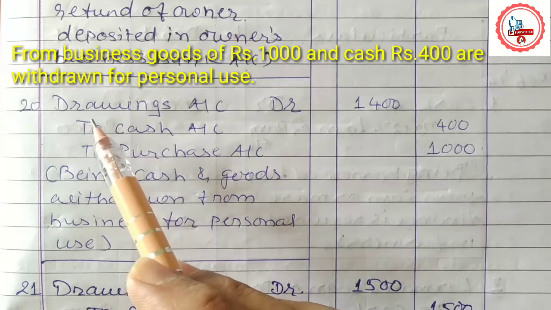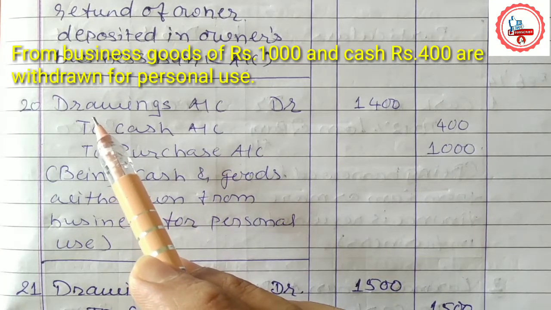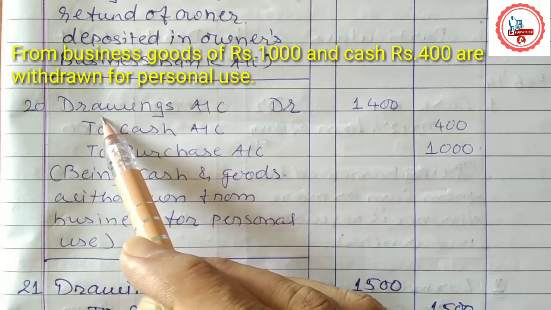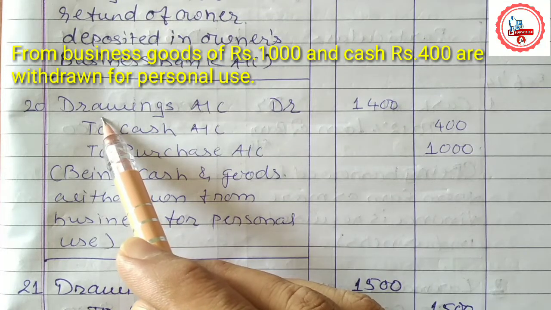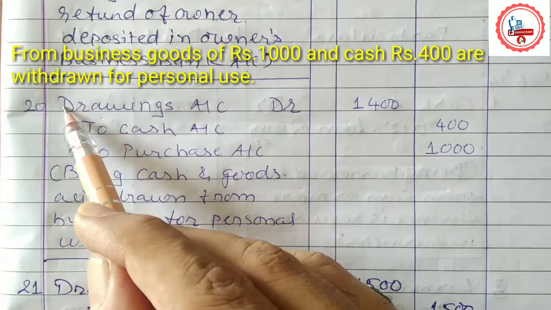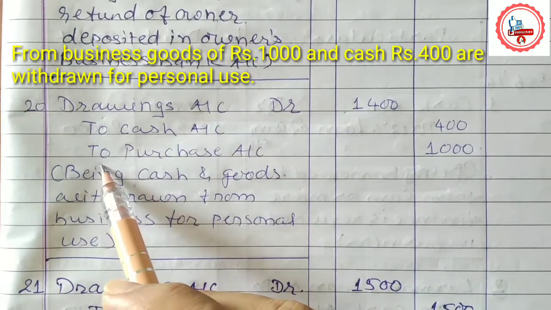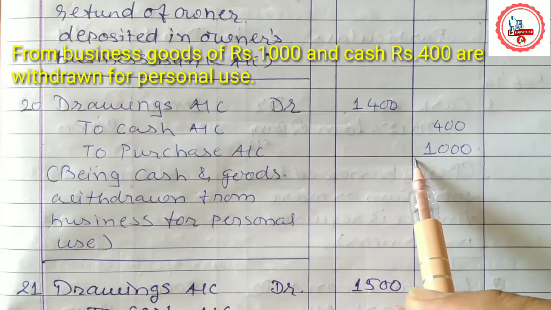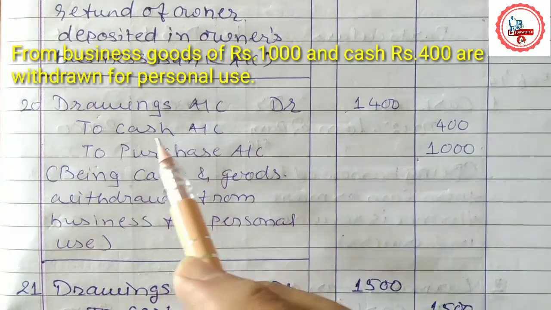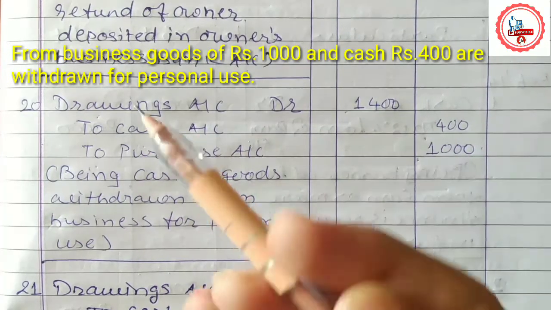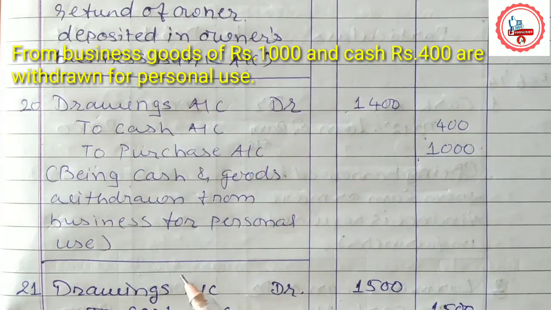So if you pass a journal entry regarding goods withdrawn for personal use, by such thing your purchase reduces, and that's why your initial journal entry would be drawings account debit 1,000 to purchase account 1,000. Now the second effect, cash of rupees 400 withdrawn from the business for personal use.